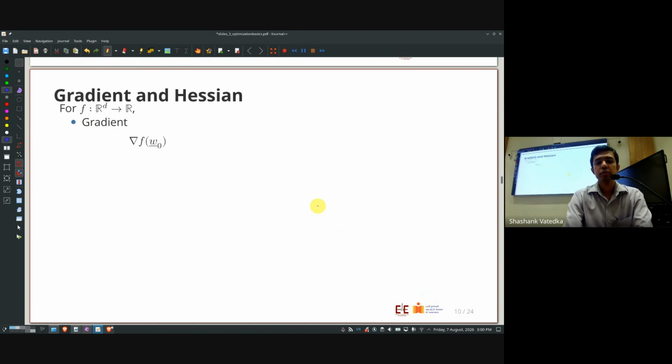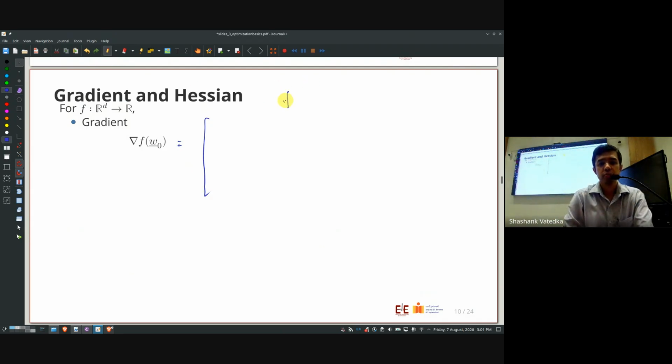All right. So a quick review. For a given function, let's assume that f is a function from R^d to R. How do you define the gradient? It's basically the vector of partial derivatives of f with respect to each of the variables.